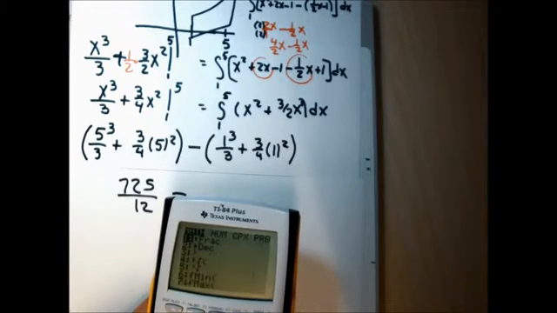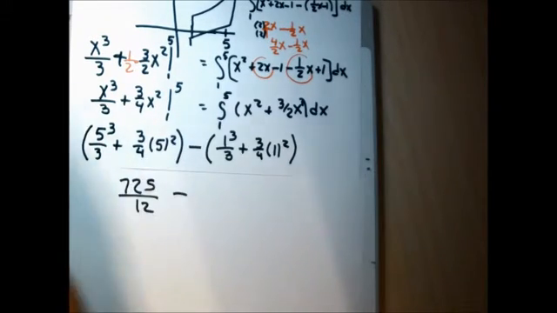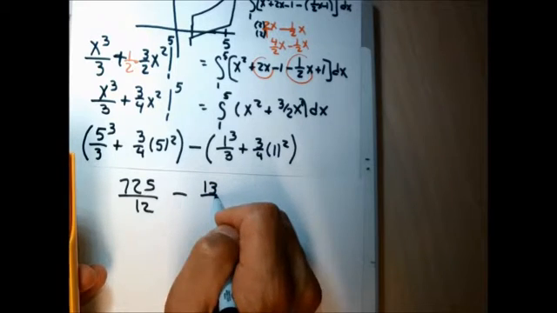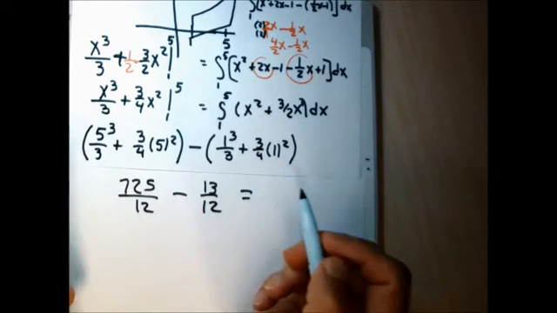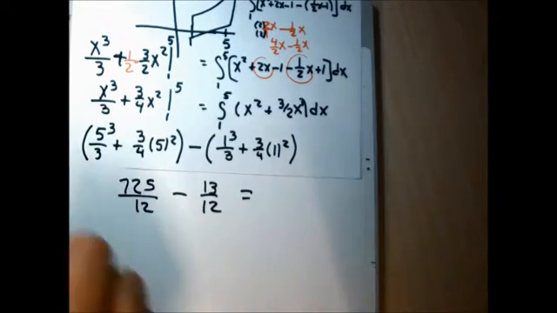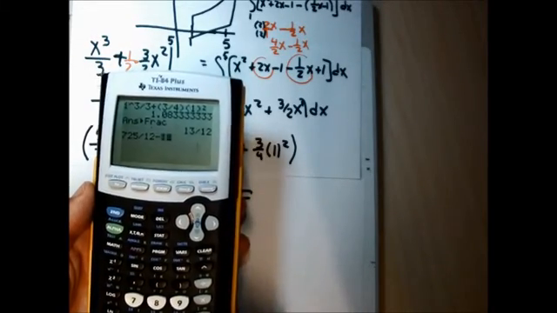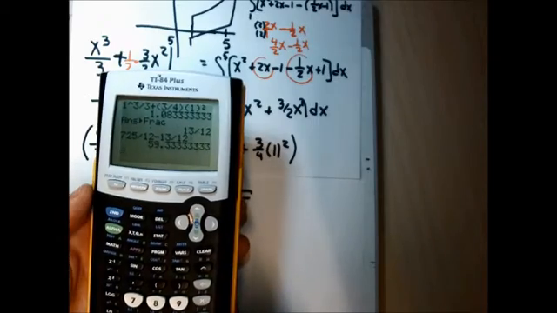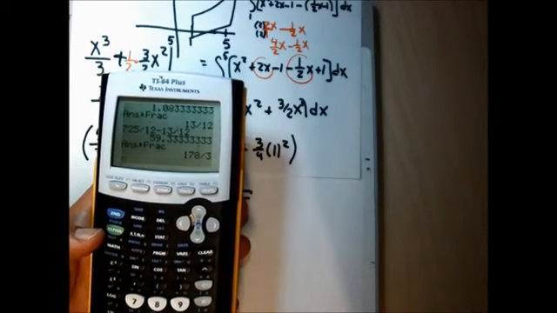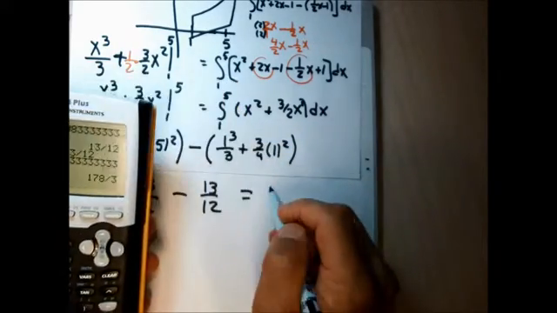Math, enter, enter. That's 13 over 12. So now I'm going to go 725 over 12 minus 13 over 12. And I get 178 over 3.